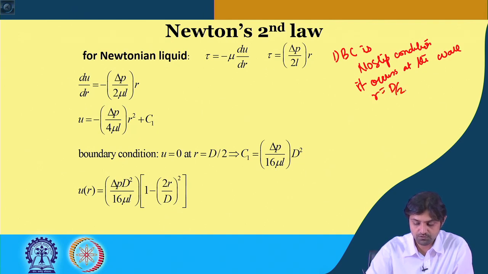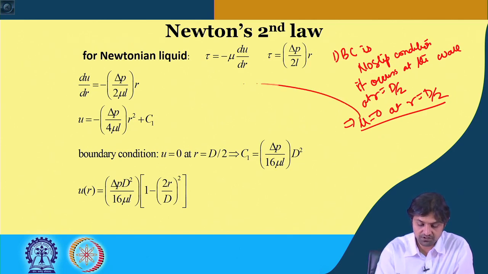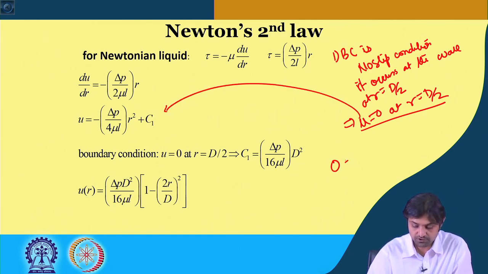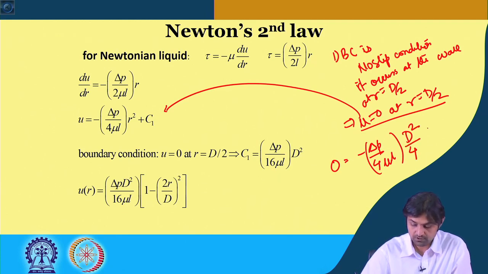At R is equal to d by 2, which means u is equal to 0 at r is equal to d by 2. And if we put this in this equation, we say 0 is equal to minus delta p by 4 mu l d square by 4 plus C1.